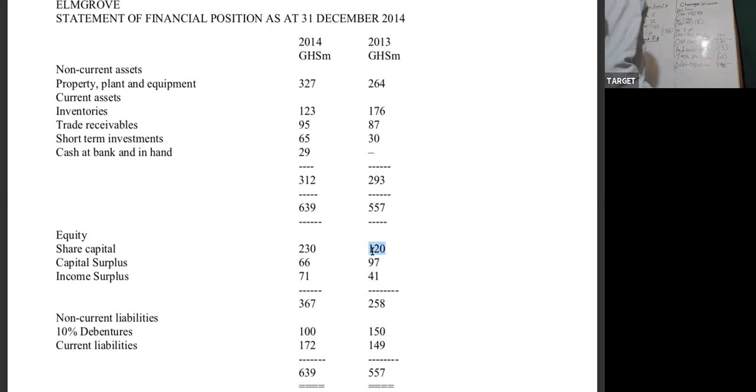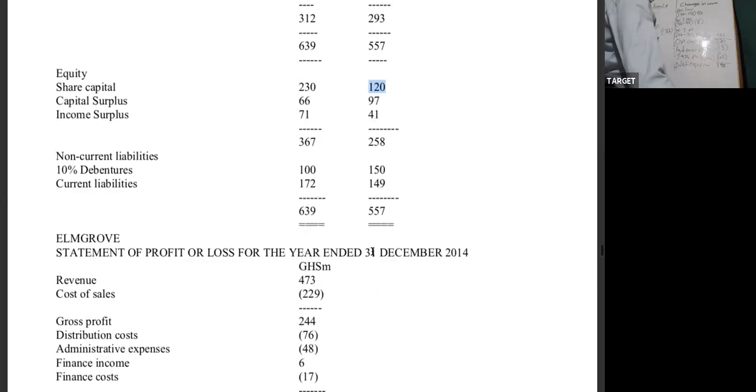It has increased by 110. However, they said that they've converted a portion, 50 million of the debenture, into share capital. So not all the increase in share capital represents cash. So make sure that after you find the difference, the 110, you subtract the 50 from it.